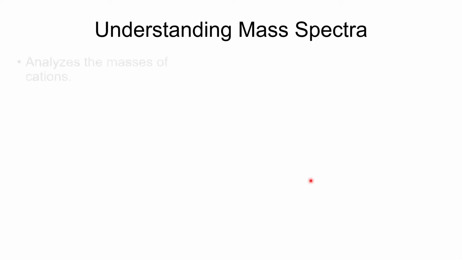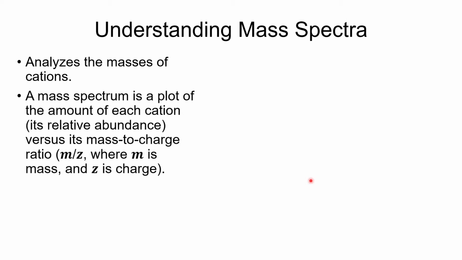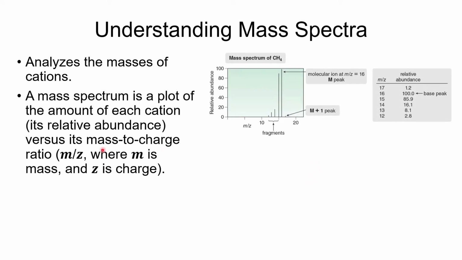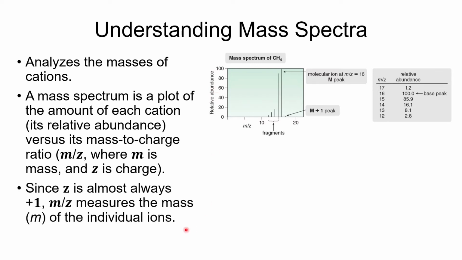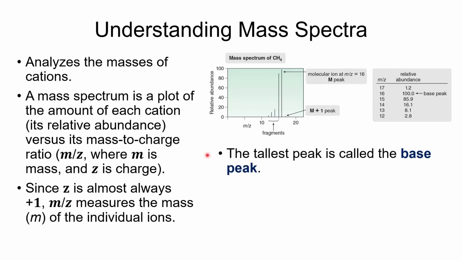So, understanding how a mass spectrum works. Again, it gives us the mass to charge ratio, m over z, on our x-axis, and our y-axis is the relative abundance. As we mentioned last time, since it's almost always +1, the m over z measures the mass. So here's the interesting part.